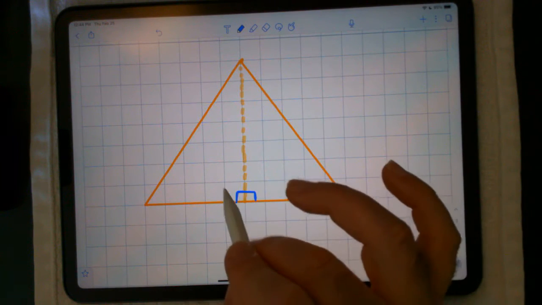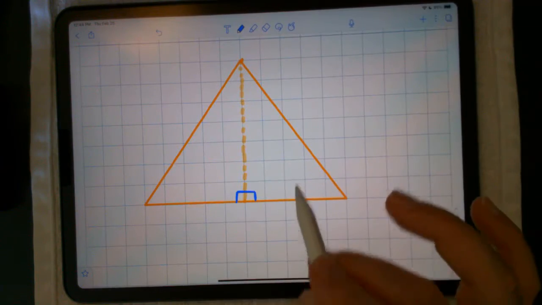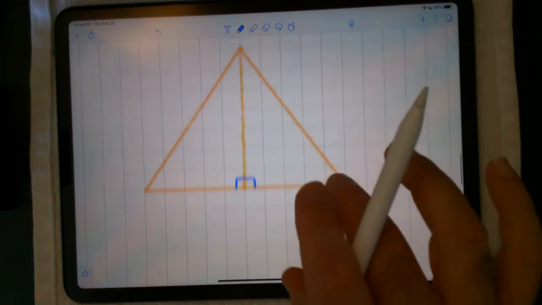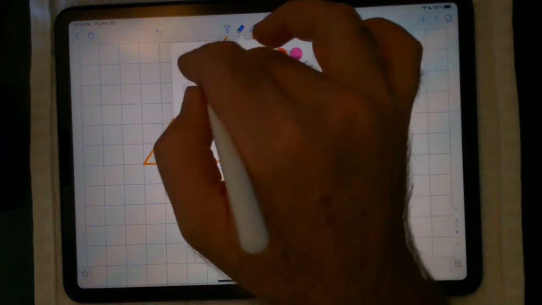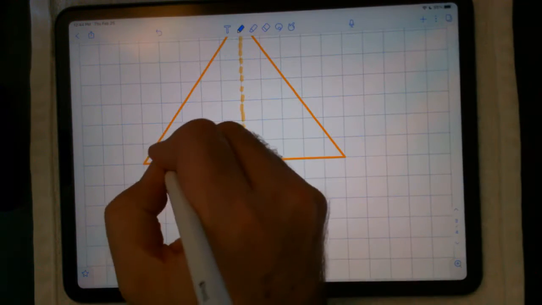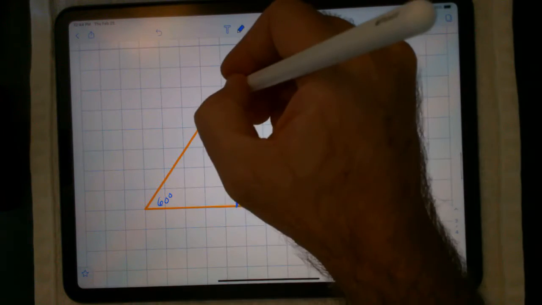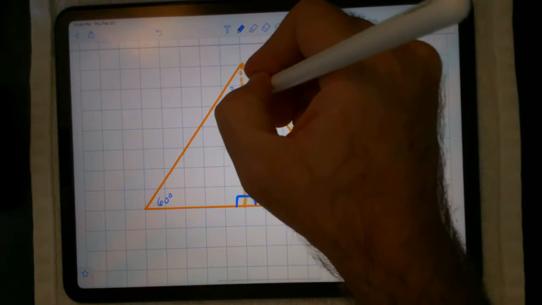So this says that this angle is 90 degrees and that this angle is 90 degrees. Now we started with a 60, 60, 60 triangle. That tells us that this angle here is 60 degrees and this angle here is 60 degrees, but we've cut this in half. So this is 30 degrees and this is 30 degrees.